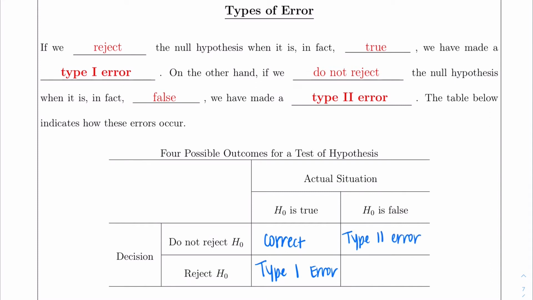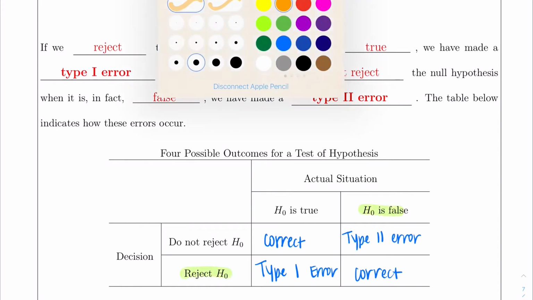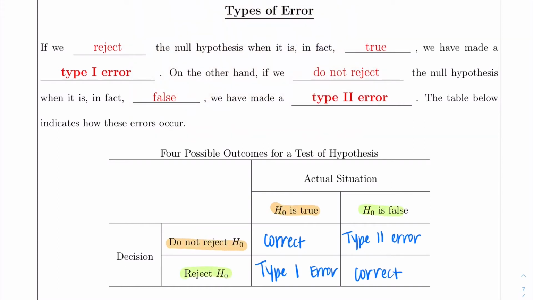And then this very last one, if H naught is false, then you should reject it, right? And so here, this is the correct decision. So you want to have these two pairs together. Anything else is wrong, right? It's one of the two types of errors.